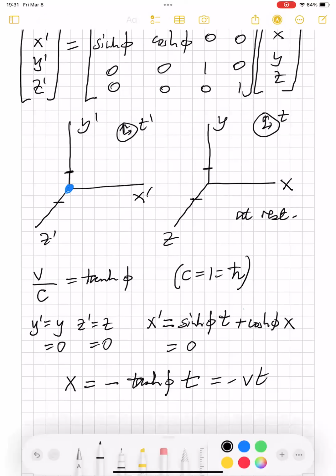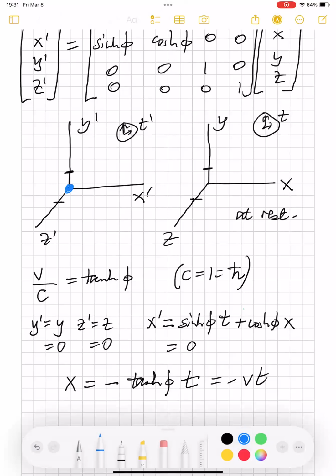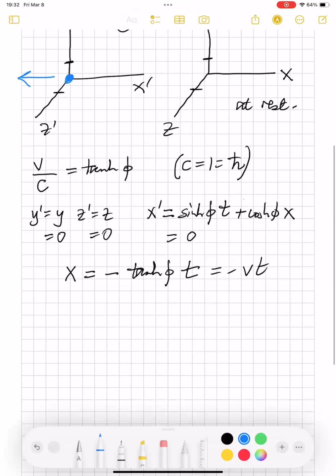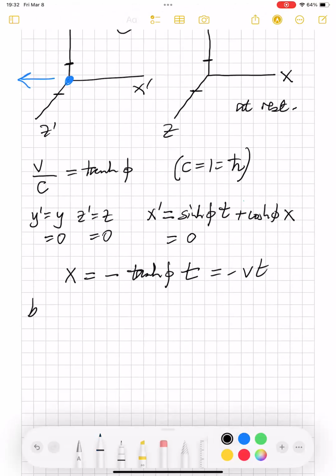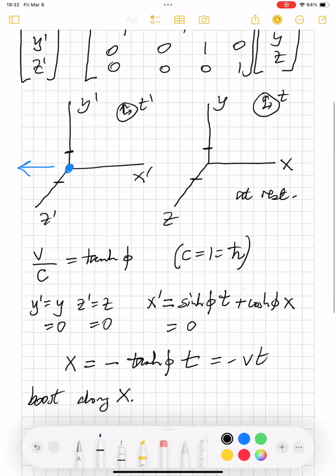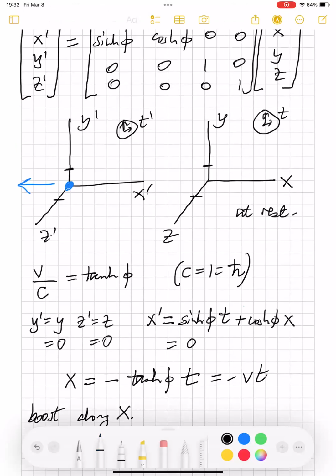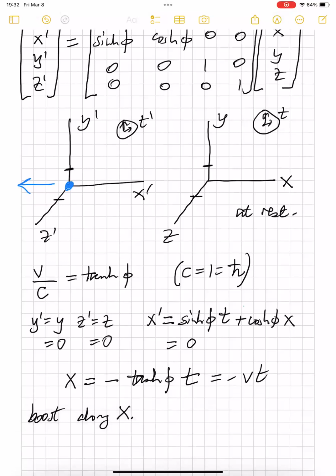And we also see that the primed coordinate system is moving away from the original coordinate system along the x direction. Because we move along the x direction, we call this a boost along x. Okay, so this relation between these two frames is a Lorentz transformation. What Lorentz transformation is it? It's a boost along the x direction.